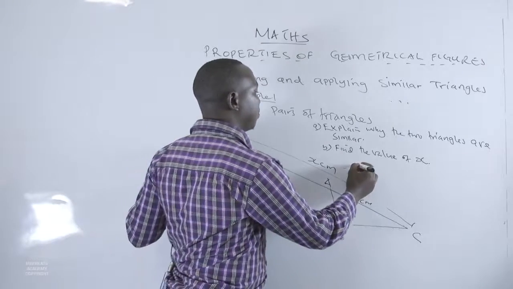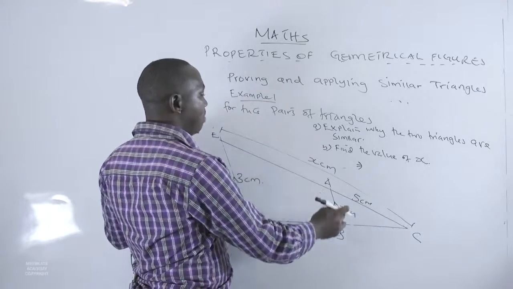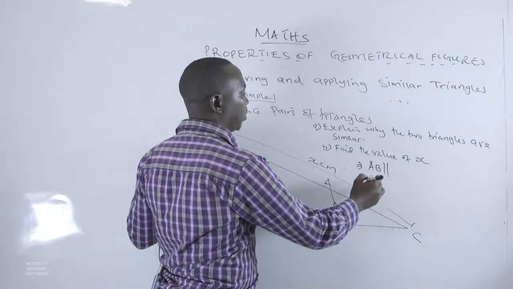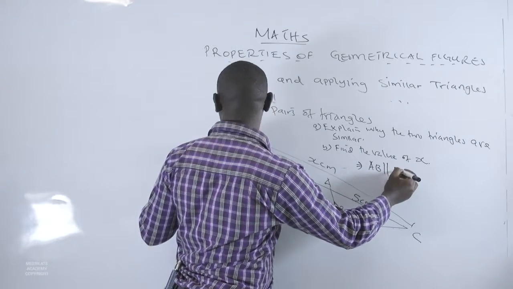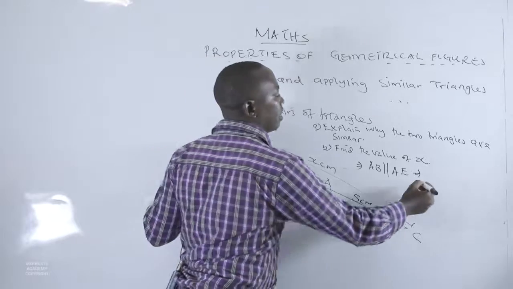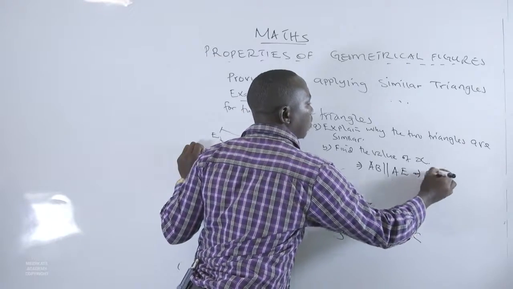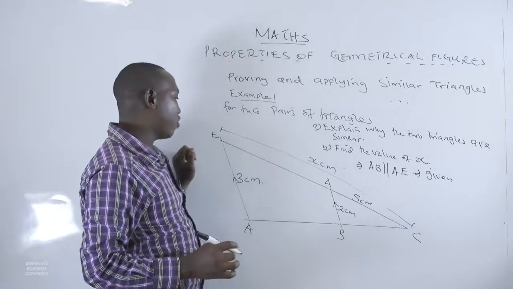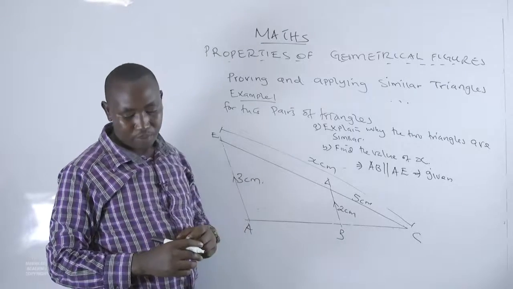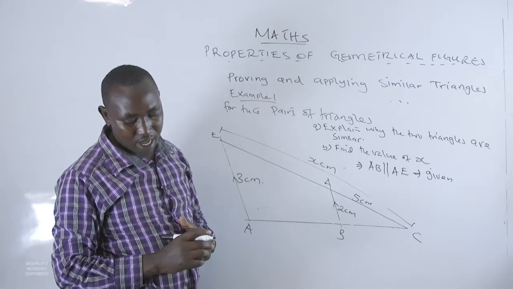That first, AB is parallel to AE. And the reason here, we have been told that AB and EA are parallel.